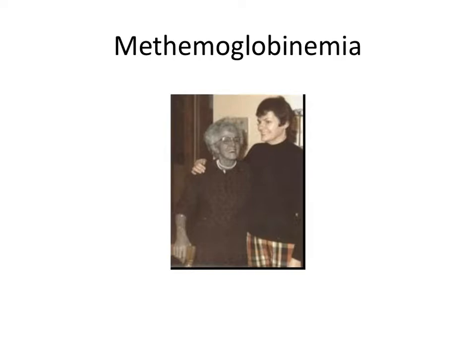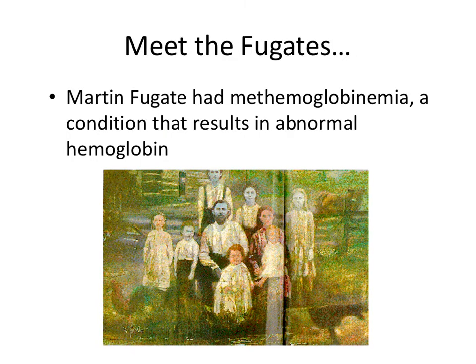And one of the big cases historically is the Fugates. I want to say it's Kentucky and West Virginia, maybe Tennessee, I don't know. It's right around that part of Appalachia, with the whole Hatfield and McCoys.